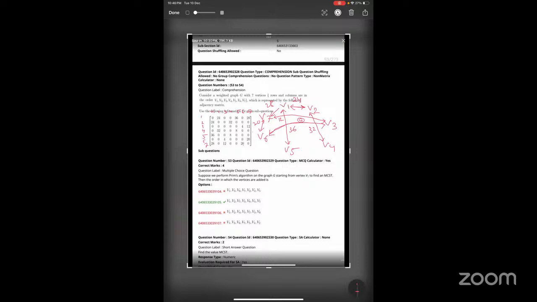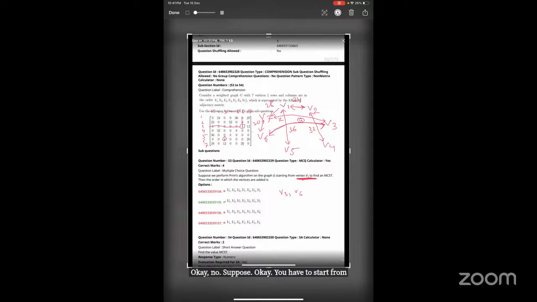That means this edge, 3 to 6 with 4. Okay, but you have to start from V1.